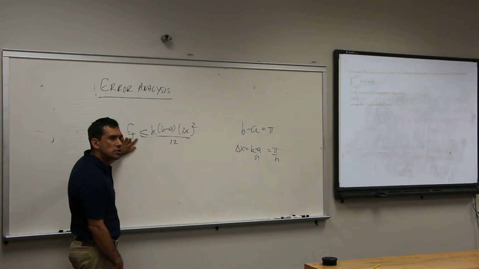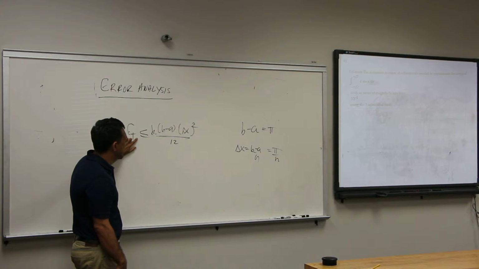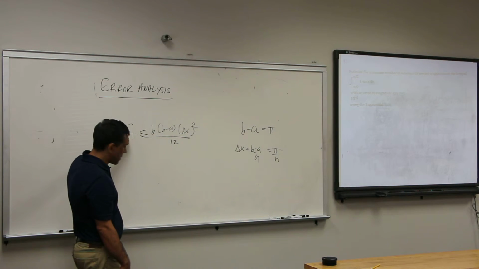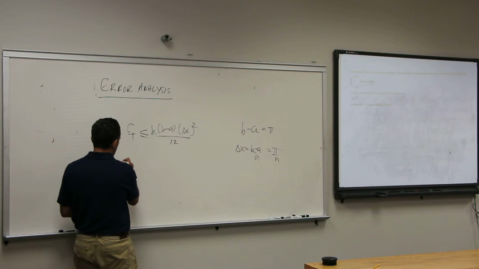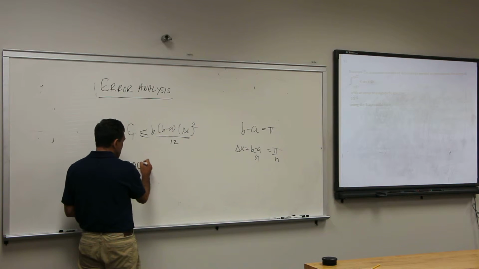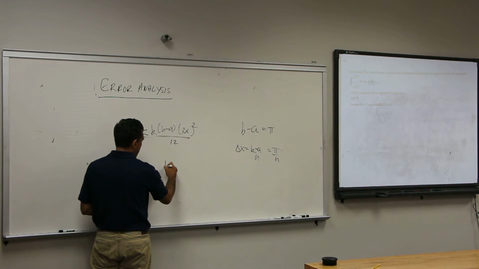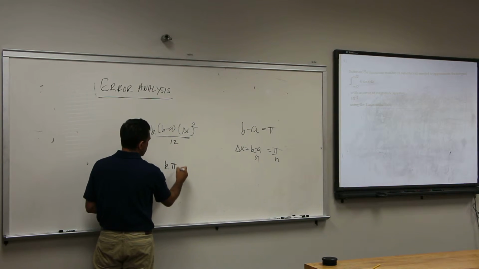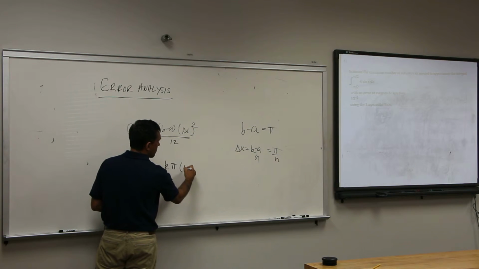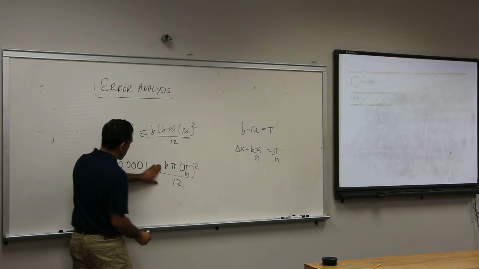What is the relation? Here I put 0.0001, and I put my k, my b minus a is pi, and my delta x is pi over n squared, and this is 12. Well, what do I do here?